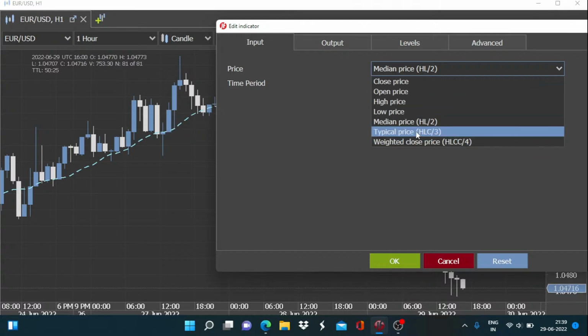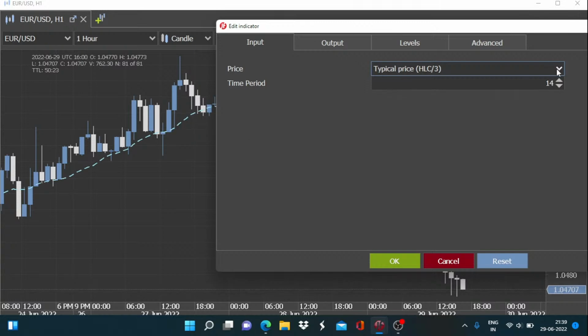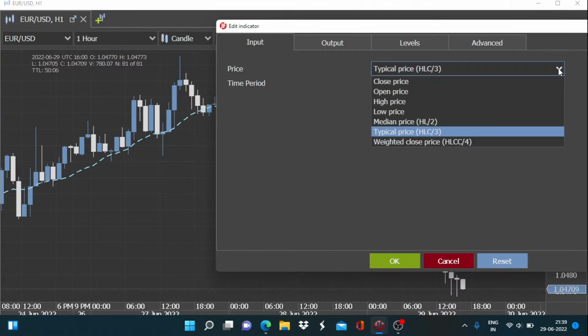Then we have the typical price SMA formation, and typical price is simply the price derived by adding the high price, the low price, and the closing price for the last hourly candle, and then dividing it by 3. So we get a typical price for the underlying instrument, the underlying security, and then we can plot the SMA using that.